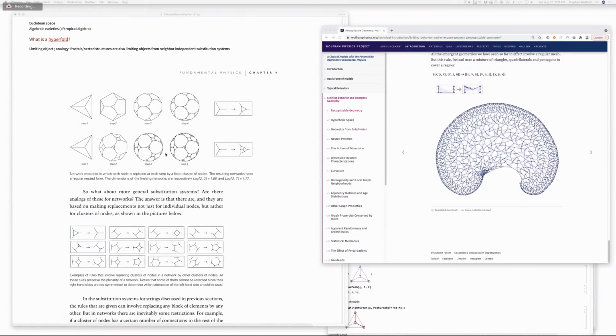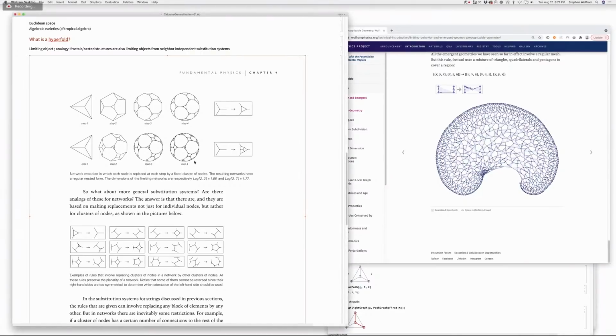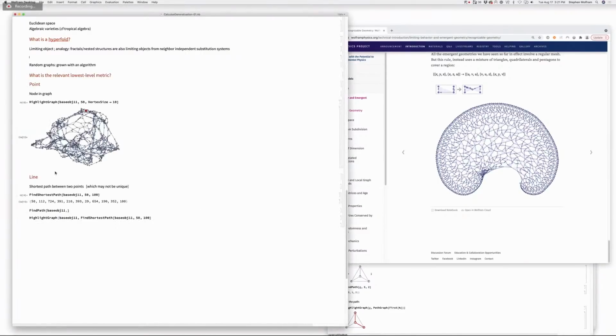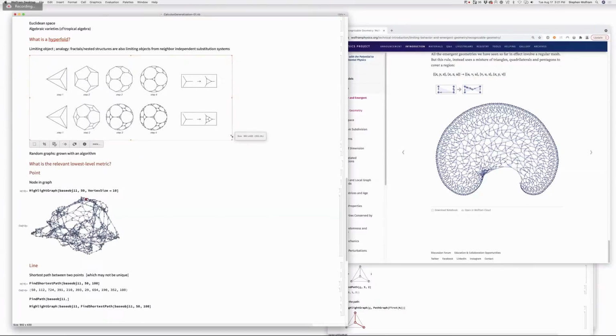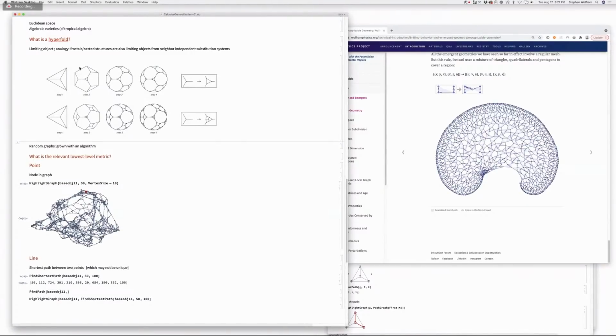Another continuum limit could be a completely different thing, which is a more fractal-like structure. So there could be different types of objects one expects from this hyperfold in the continuum limit, not just one thing. Look, here's an example of a very straightforward substitution system that gives us something that is a sort of traditional fractal object.